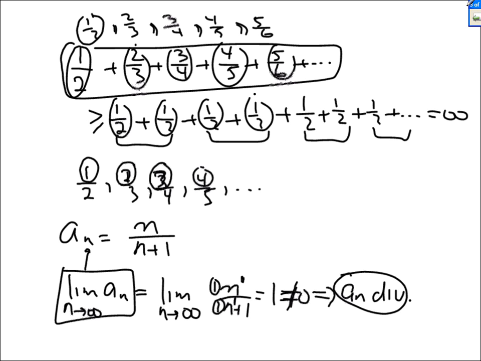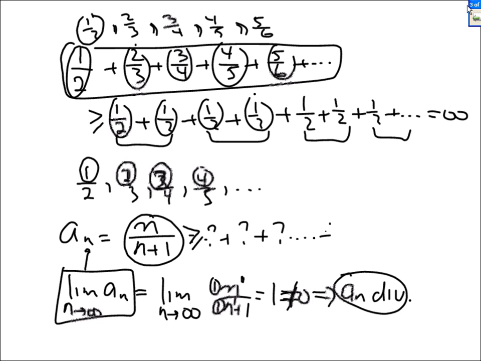If the nth term is not approaching 0, then it's not going to converge. If these terms are getting closer and closer to 1, way out there. So initially, I don't know what we have initially.